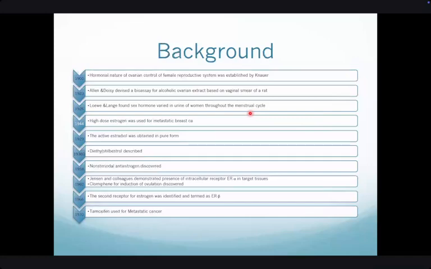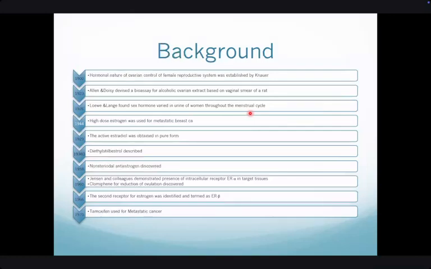In 1926, they found that the sex hormone varied in the urine of women throughout their menstrual cycle. In 1929, active estradiol was obtained in pure form. In 1944, high-dose estrogen was used for the first time for metastatic breast cancer. DES was then prescribed in 1938. For the first time, a non-steroidal estrogen was discovered in 1958.